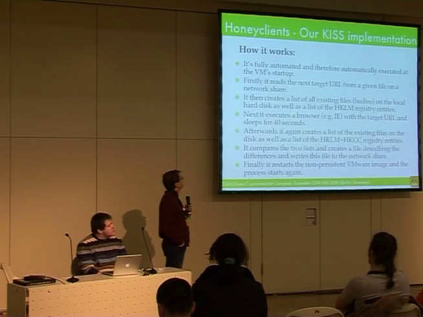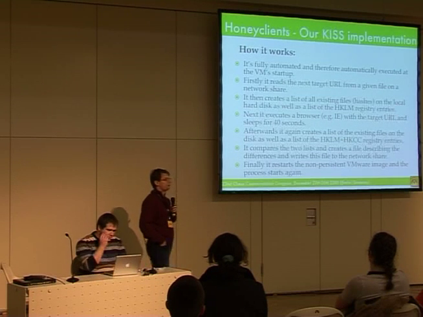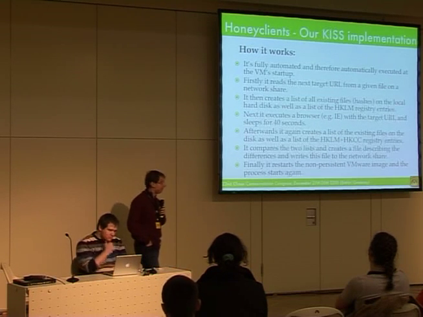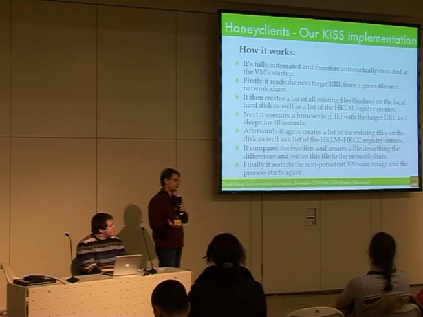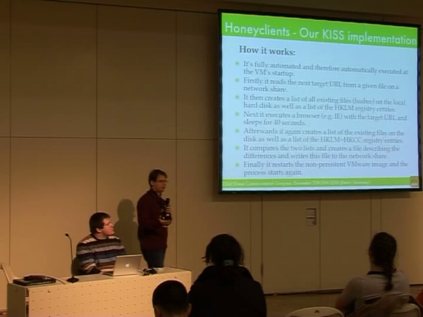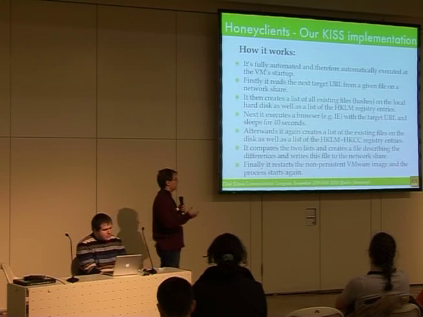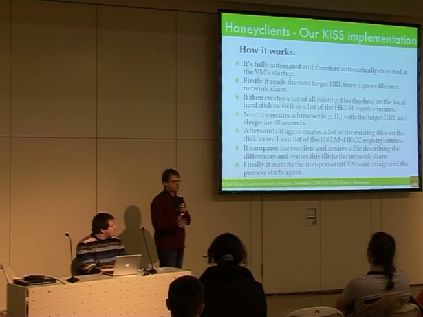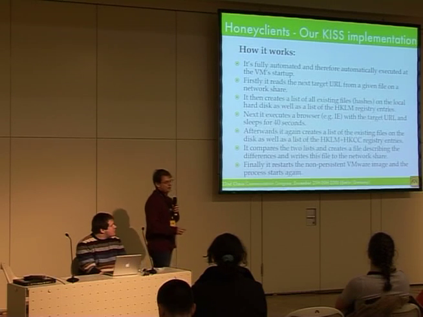It's a VMware non-persistent image of a VMware Windows XP Service Pack 2. When it starts, a Perl script gets automatically started, which goes to a network location where the target URL is written in a file. It reads the URL from there, and makes an image of the system from the registry and from the file system.